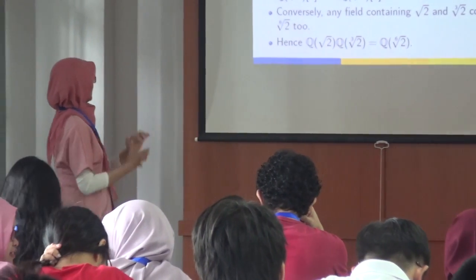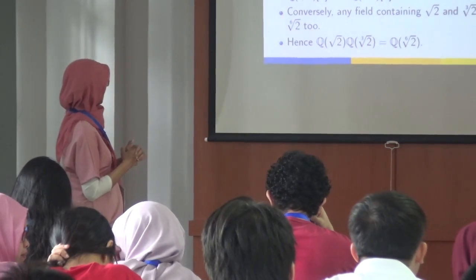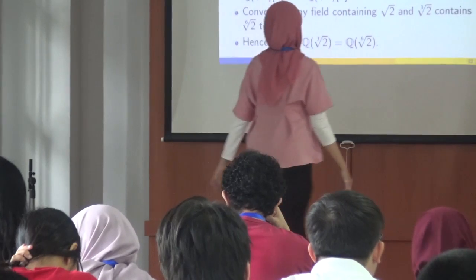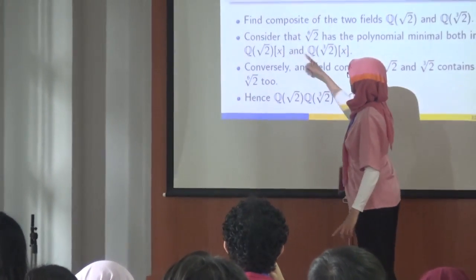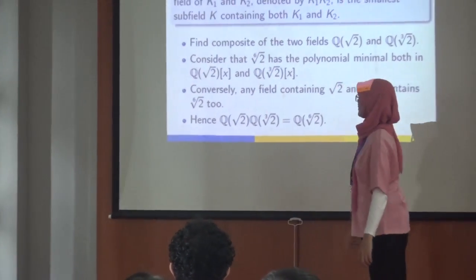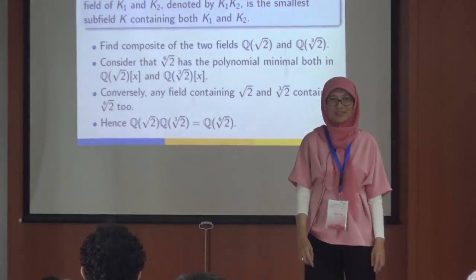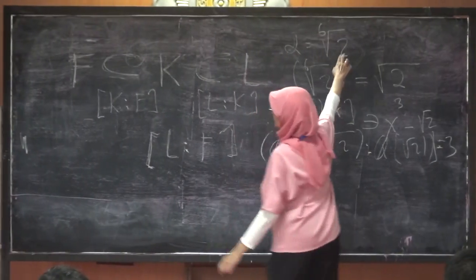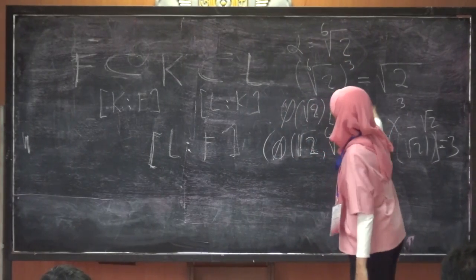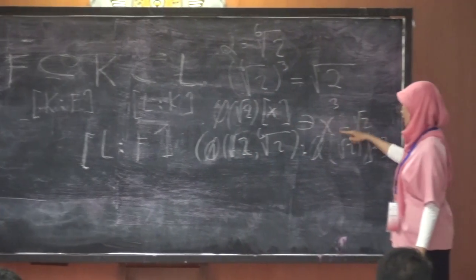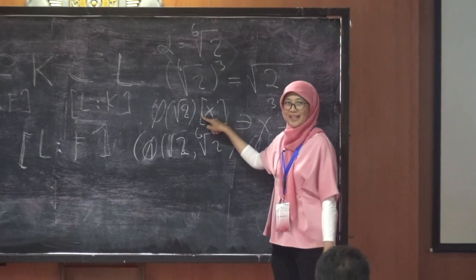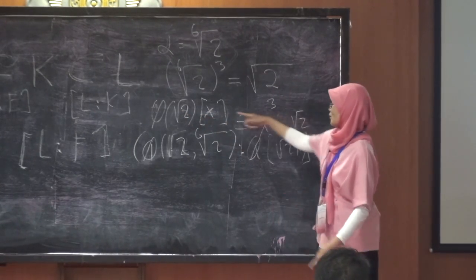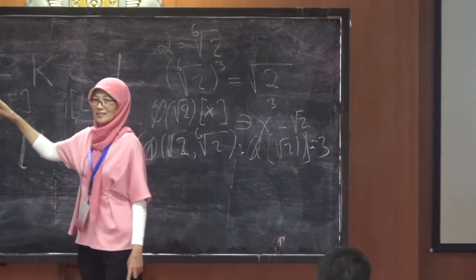Consider now this sixth root of 2, which has a minimal polynomial in both this one and this one. You know which minimal polynomial? I think like this. This is the minimal polynomial in this field, and the other minimal polynomial you can find. This is in this one, and what about in the other field?